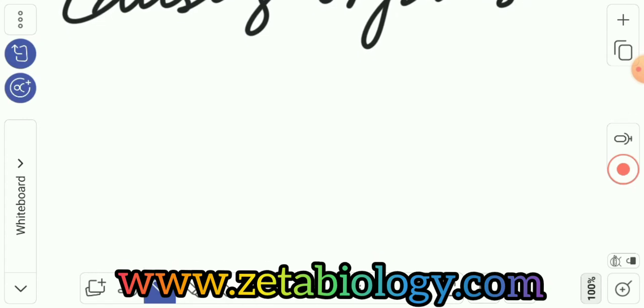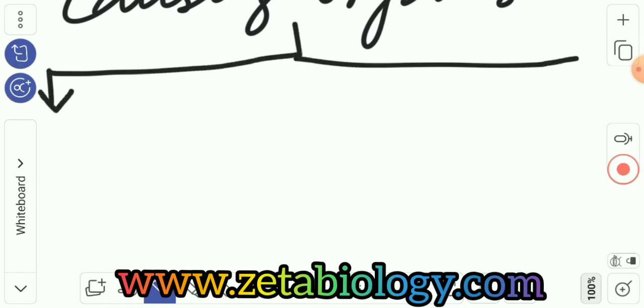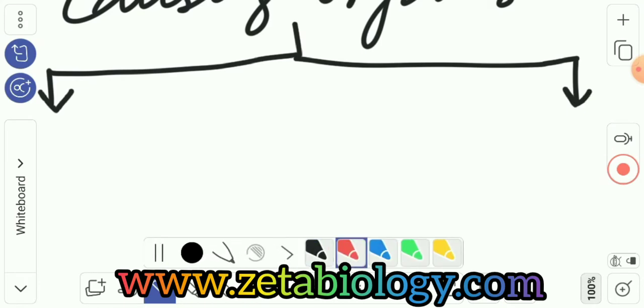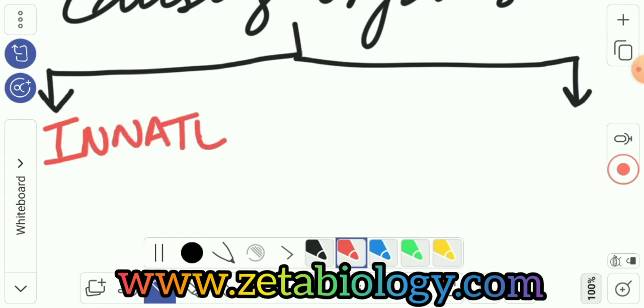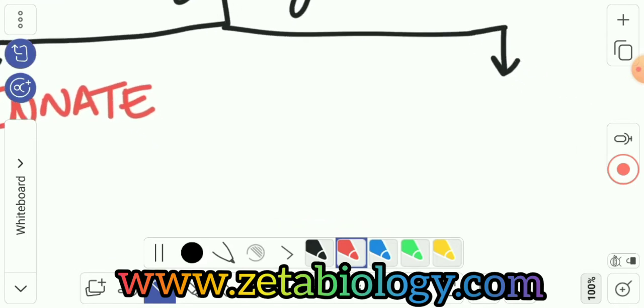Now, immunity is of two types. Okay, so innate immunity and acquired immunity. So, two types of immunity: innate and acquired.